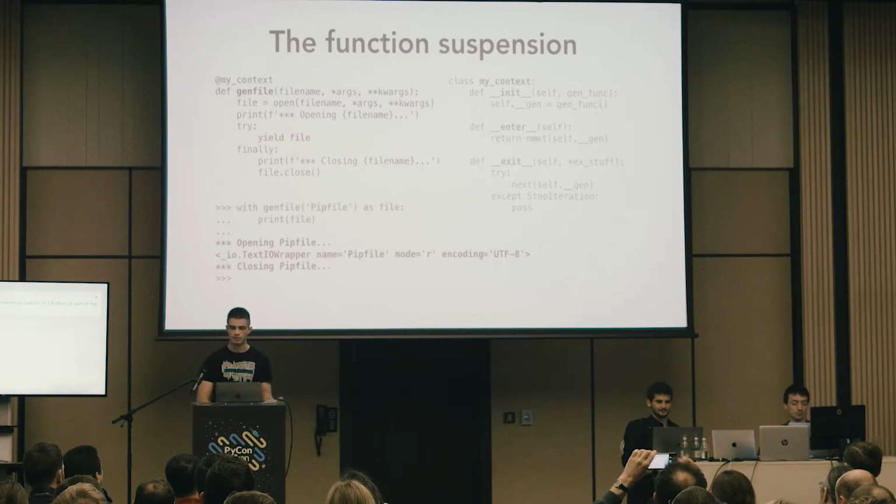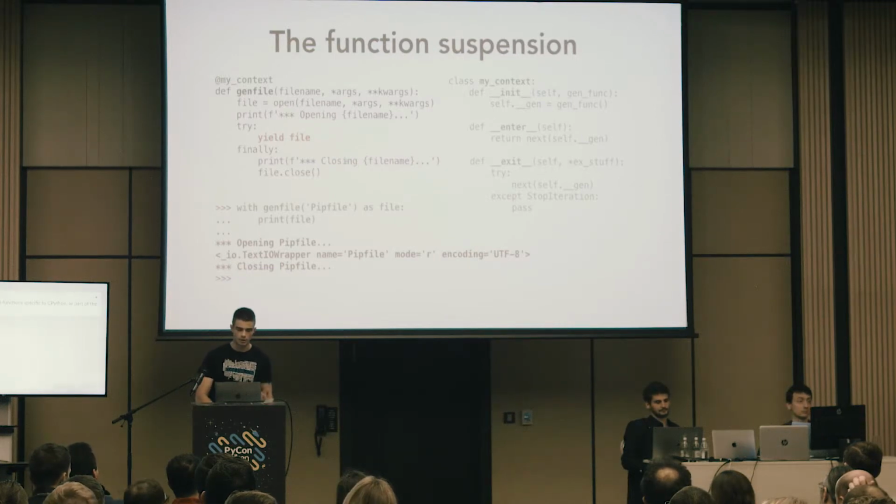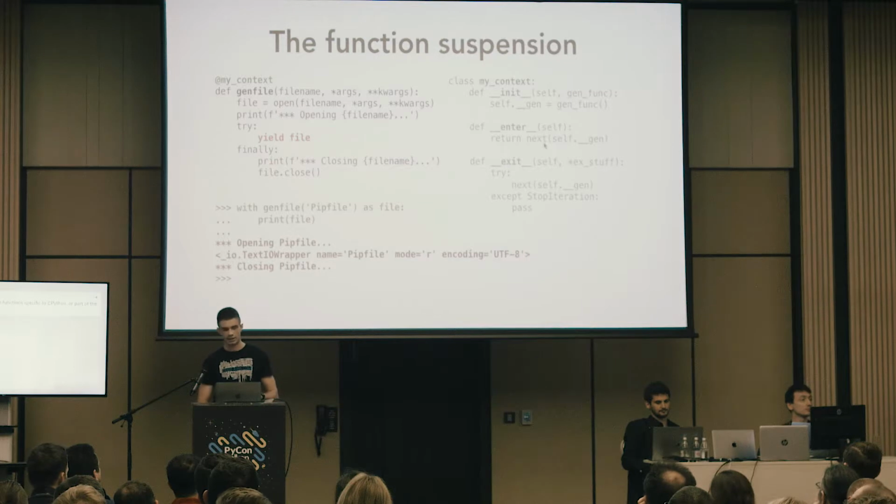The first method is the enter method, which executes the first part of your generator, calling next. And then the exit method, which continues your generator execution, and your generator will clean up. Okay, that's about it. The actual context manager in the standard library is a little bit more complicated than this because it deals with some really weird edge cases, but for what I'm showing you here, this is more than enough, okay?